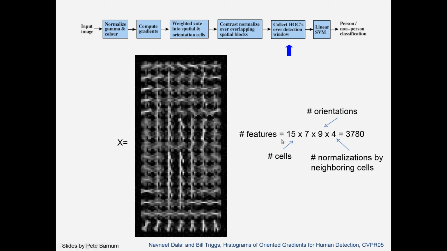So after all these operations, you have 15 by 7 cells, with 9 orientation histogram bins, and 4 different normalizations as I mentioned. This is the number of features.